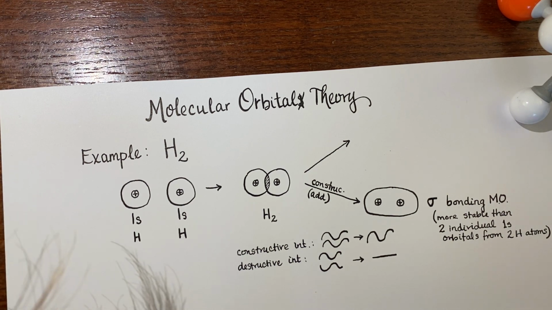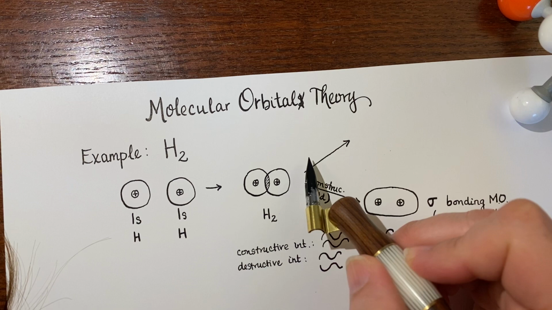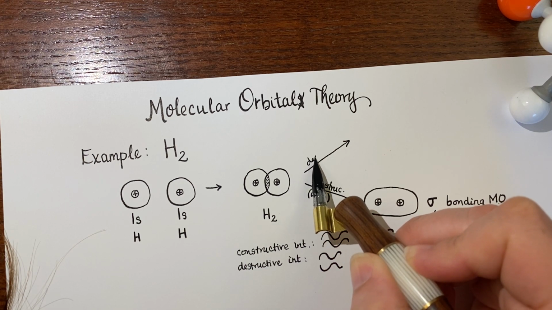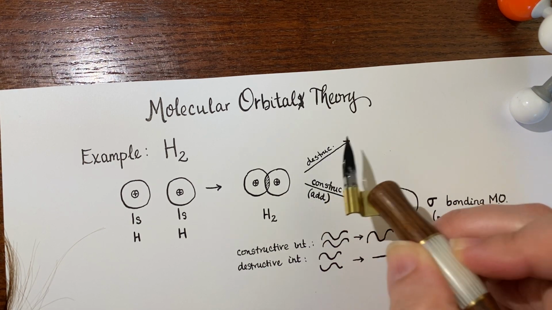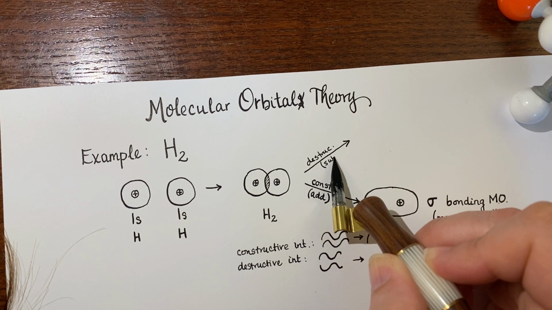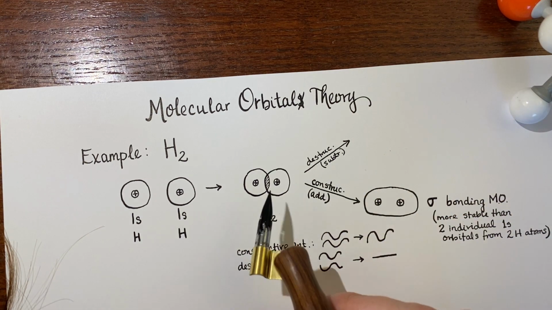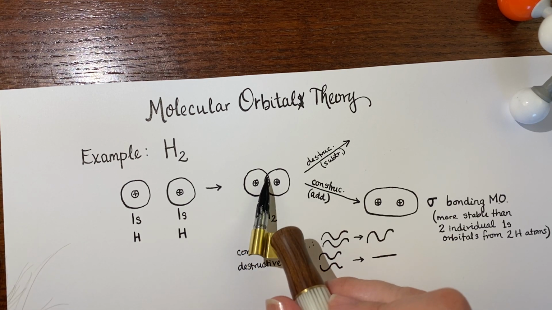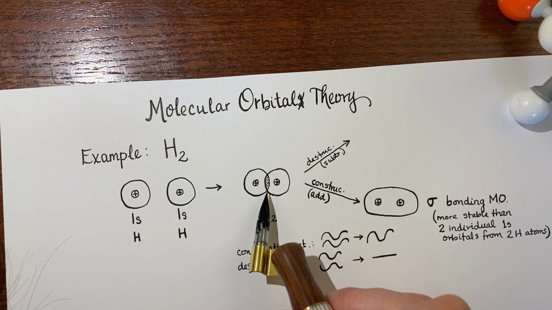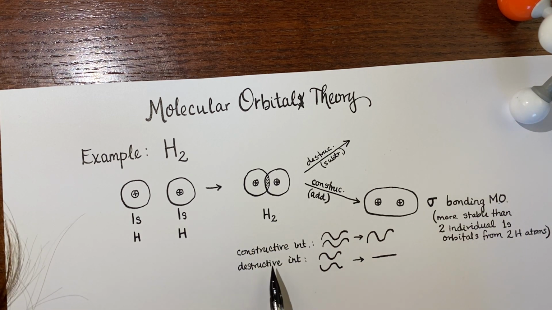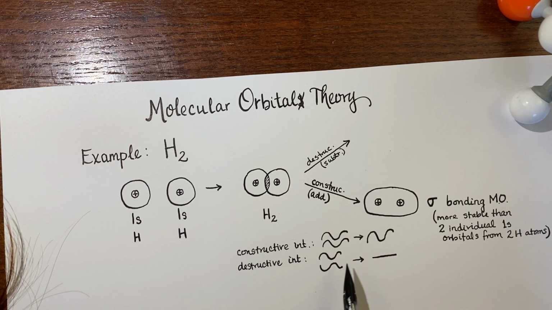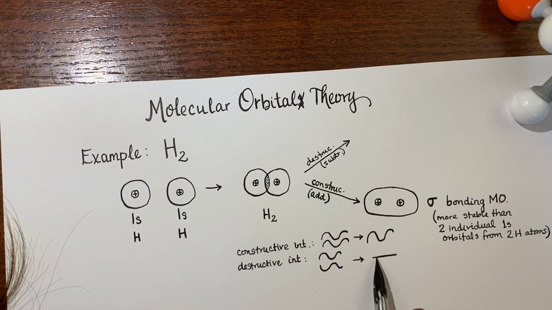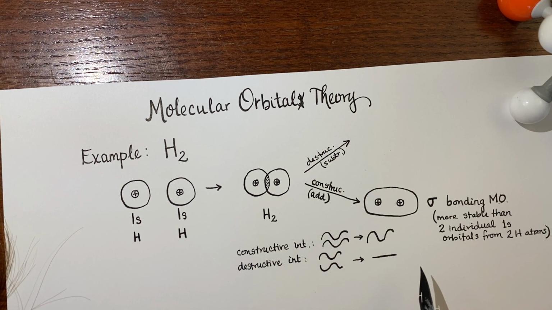Okay, so now let's look at if we carry out destructive interference, or in other words, if we subtract one of these orbitals from another in between the two nuclei. Okay, so that's kind of like what we talked about here. Subtracting the wave amplitude and getting this flat line, or in other words, a node.